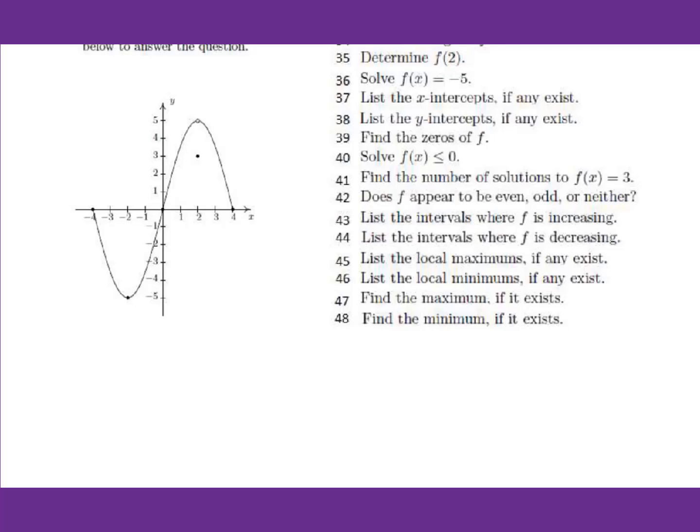For 45, local maximum. We don't have a local maximum because this part is an open circle. That means none. For local minimum, we got these points. That is f of -2 equals -5.